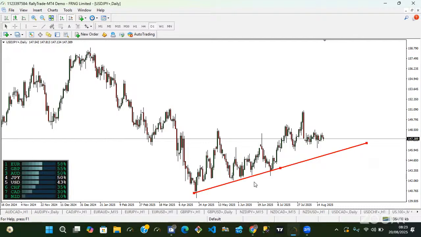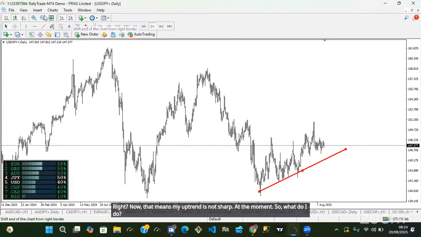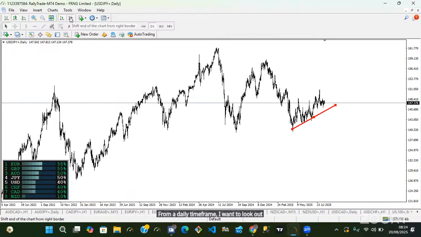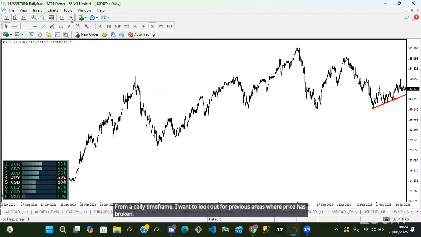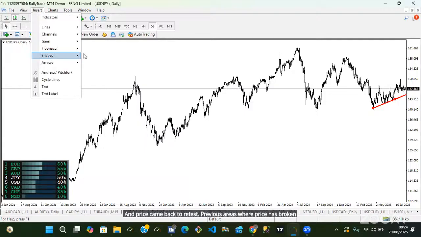So you can see price still pushing to the upside from here. That means my uptrend is not sharp at the moment. So what do I do? From my daily time frame, I want to look out for previous areas where price has broken and price came back to retest.